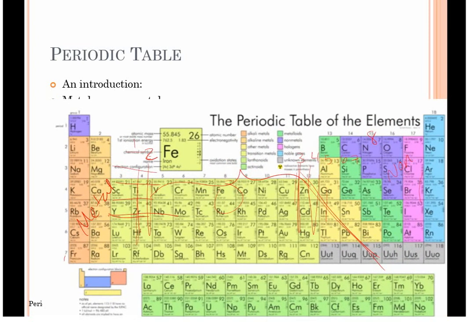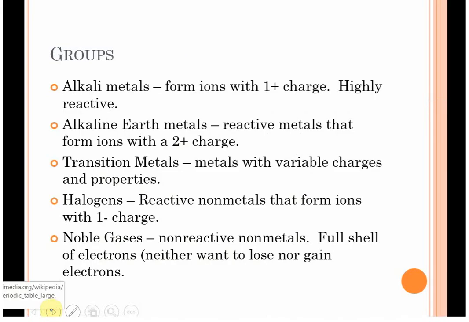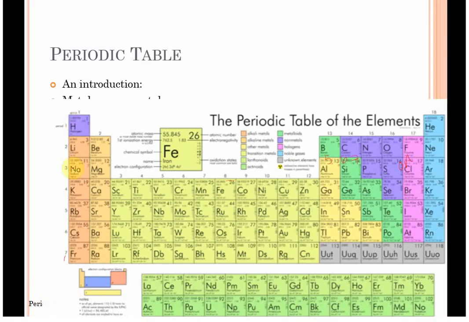Now, in addition, let me go ahead and erase this because we're going to come back to it in a second. We need to talk about the overall groups. Alkali metals are this group 1. They are incredibly reactive. I used to do demonstrations the first day of class with sodium and water.